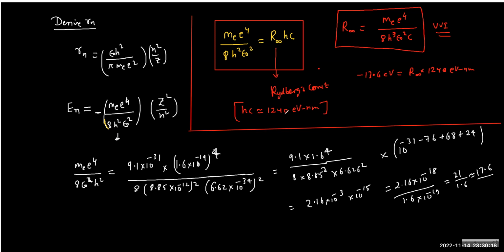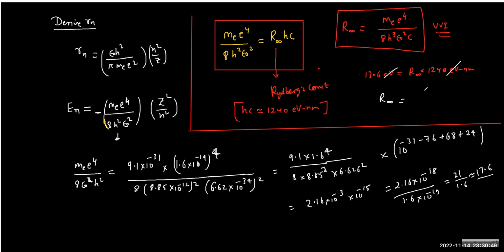Modern physics is all about calculation. If you're not good with all these ideas, it's very difficult for you to do the calculation. So how much are we getting for R infinity? Okay, not minus, just this. So 13.6 eV equals RHC. You can see eV gets cancelled out.